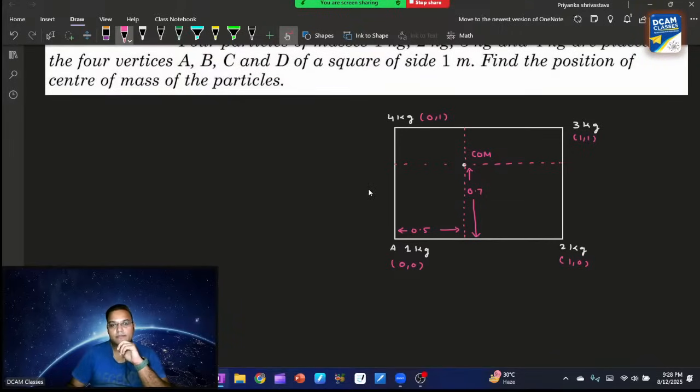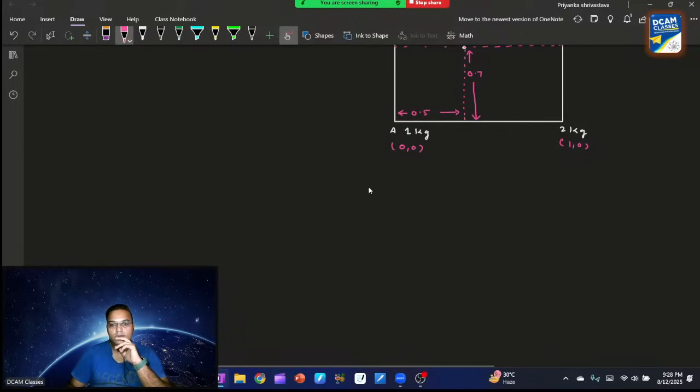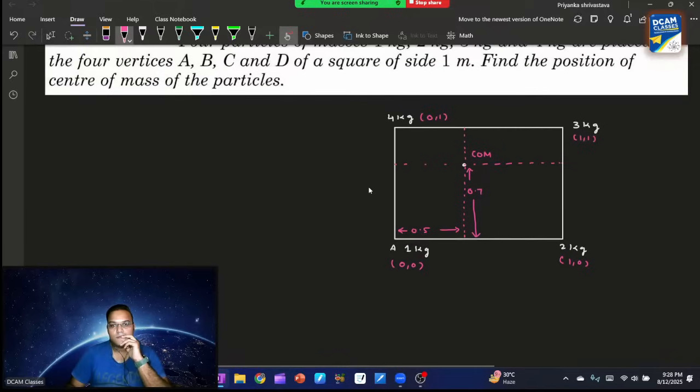Will we get the same answer whatever way you do it, or do you need the coordinates to be at a different point? No. If you take a different point as origin, you'll get a different answer. Suppose you have taken 2 kg as your origin, then you'll get 0.5 and 0.7 only. If you take 4 kg as 0, 0 or 3 kg as 0, 0, you'll get a different answer.